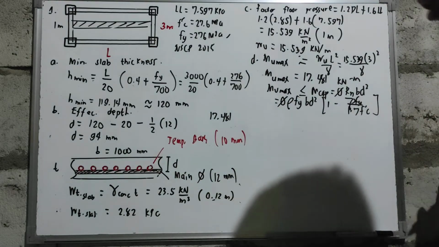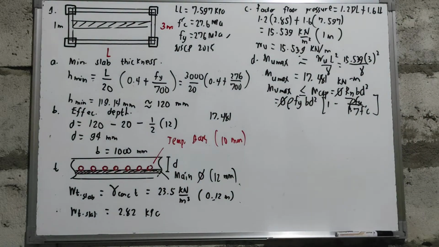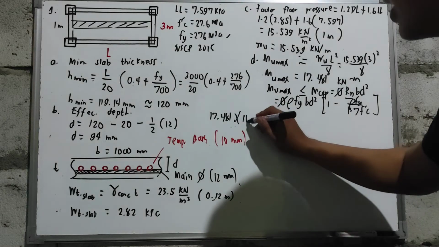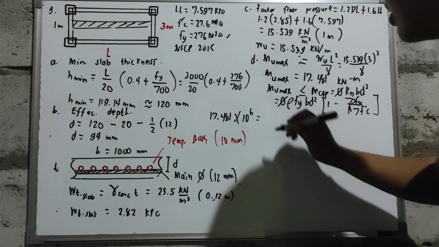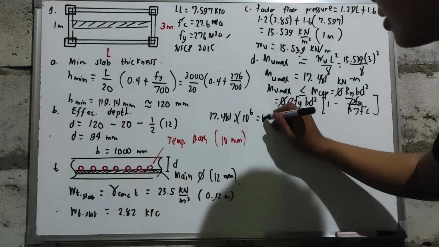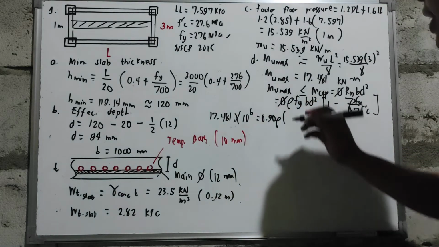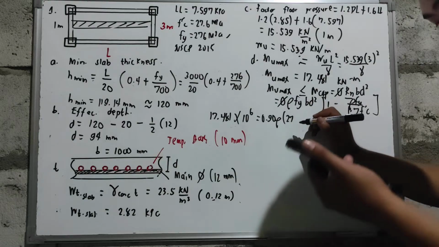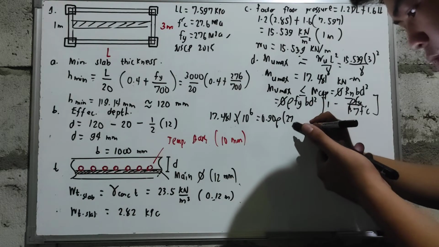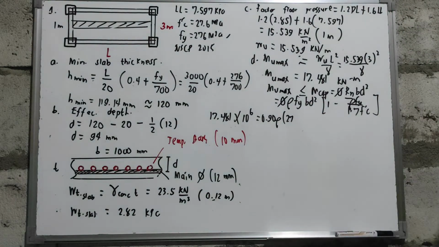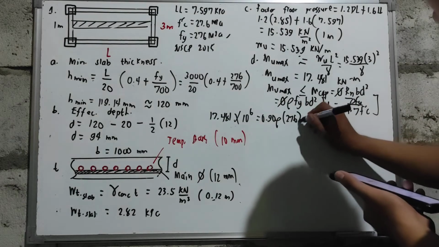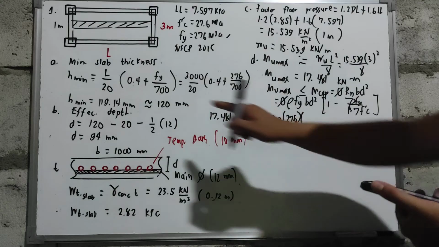So kung sa-substitute natin yung mga values natin dito, meron tayong given dito na na-compute na 17.481 kilonewton meter. Gagawin natin siyang Newton mm. So mag-multiply lang tayo ng times 10 raised to 6 is equals to, so yung reduction factor natin dito, that is 0.90, rho. Yung Fy natin, that is 276, multiplied by yung B natin.